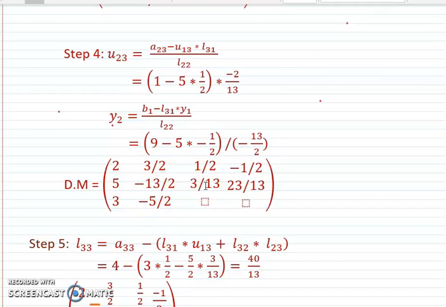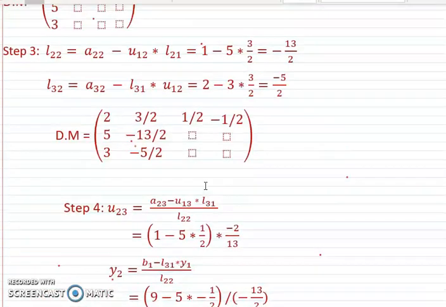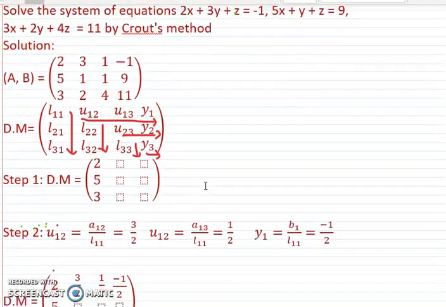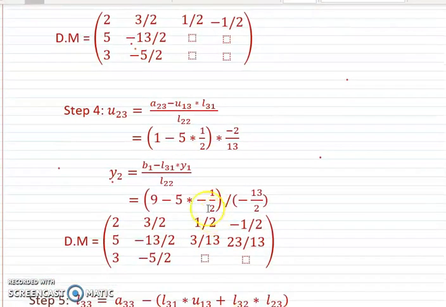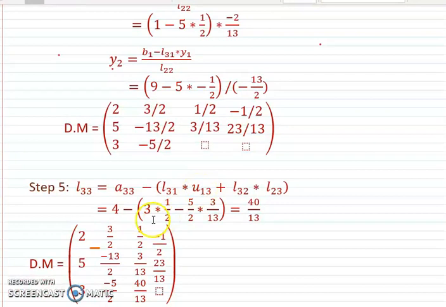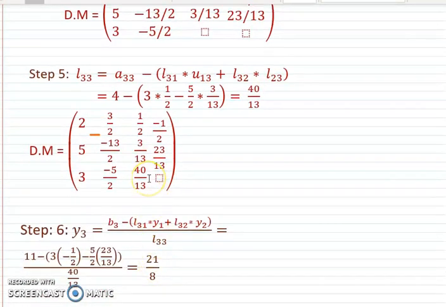After finding the sum of the products, this is to be subtracted from the corresponding element of A, B, that is 4. So 4 minus 3 into 1 by 2 minus 5 by 2 into 3 by 13, which is calculated to be 40 by 13. So here we have filled in the value 40 by 13.